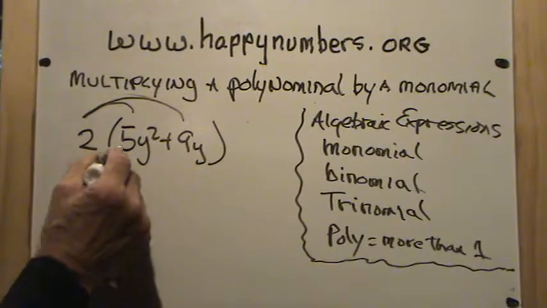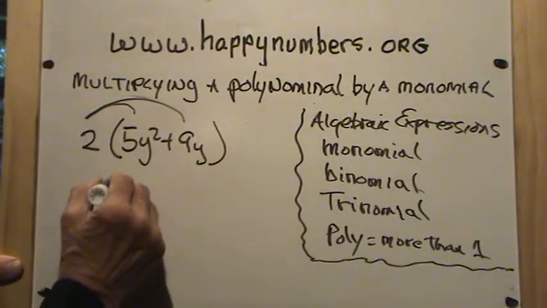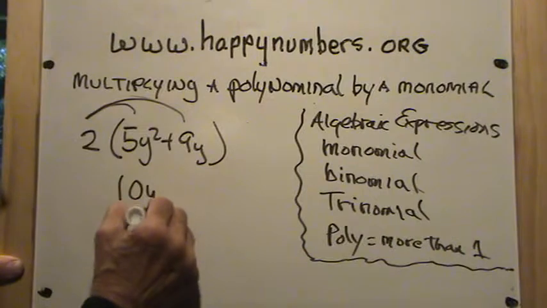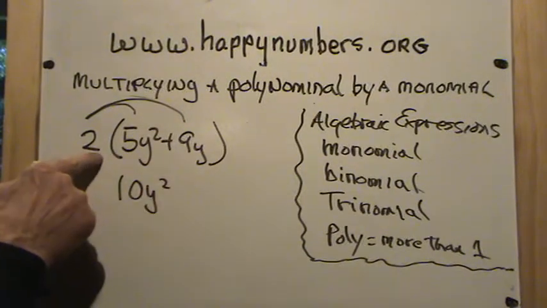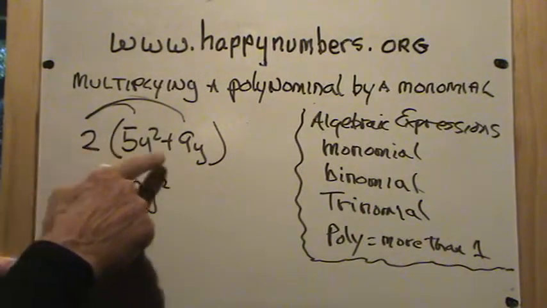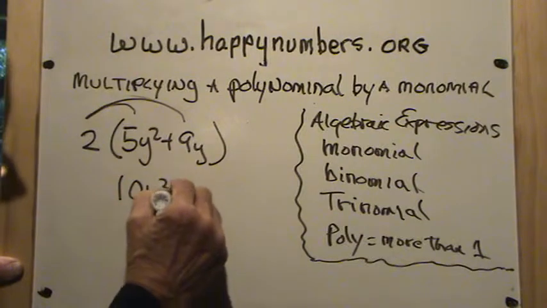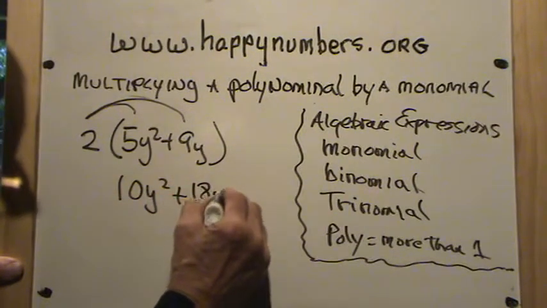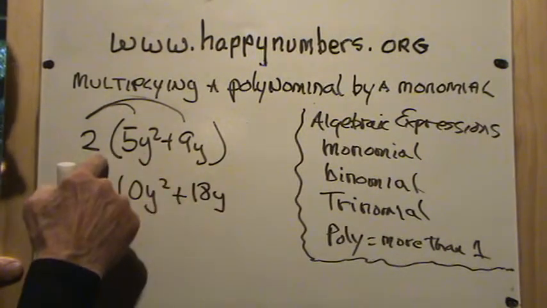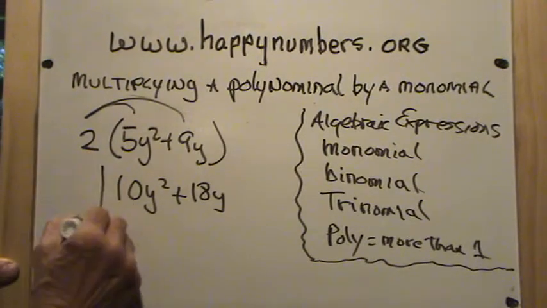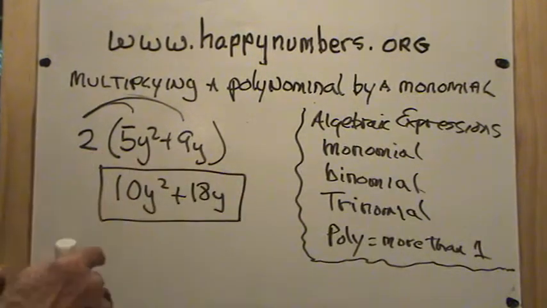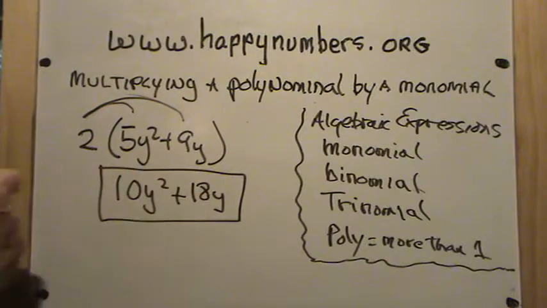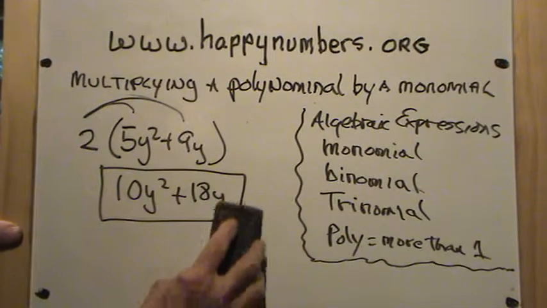So 2 times 5, they're both positive, so that's 10. And we just use the y squared because there is no variable here. And 2 times 9, positive 18. And we use the y because there is no variable there. So our answer is 10y squared plus 18y. Excellent.